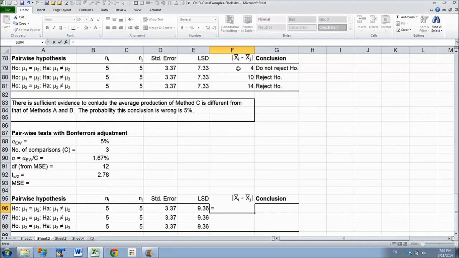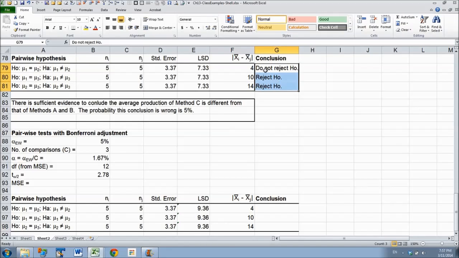Okay. The absolute value of the differences in sample means is the same as previously done. So we get the same results as before. The first one is not greater than LSD, so we cannot reject the null hypothesis. The second and third are different.